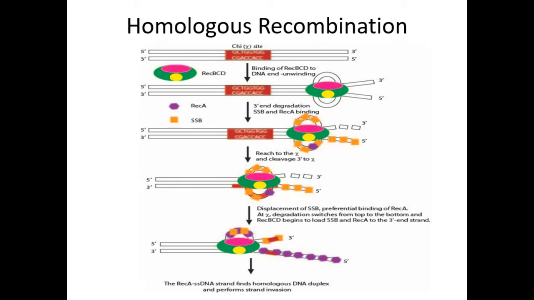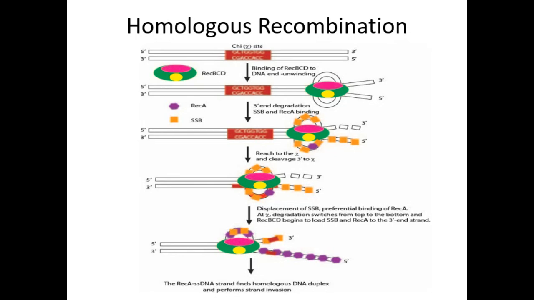To form this D loop, once the tail finds a homologous region, there will be a nick in the D loop DNA. The nick will allow the RecA protein and single-strand binding protein to create a new tail so they can pair with the gap in the other DNA, and the DNA ligase can seal both nicks to generate a Holliday junction, also called a half chiasma and chi structure.